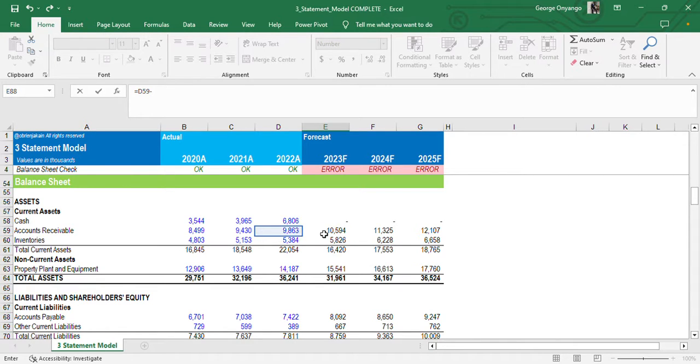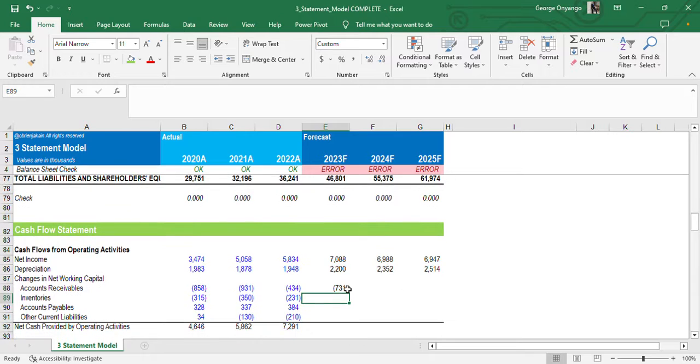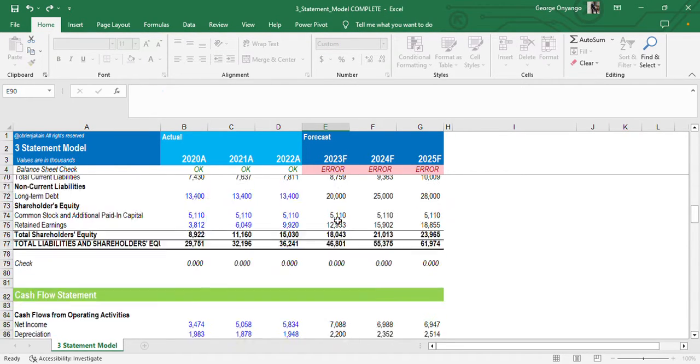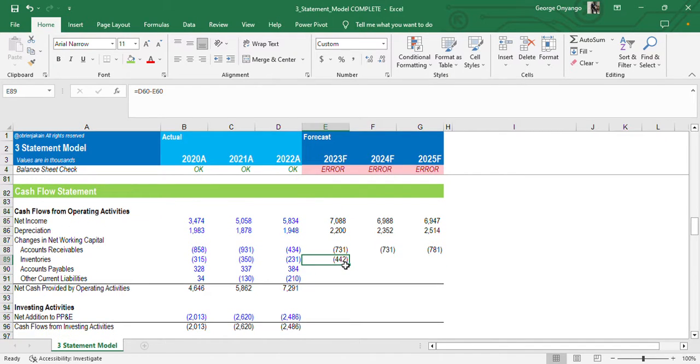Actually it's that minus that. Going to get the difference to get the changes in account receivables. This one also, this is inventory. We are going to get the change here. We fill that right to get the changes.